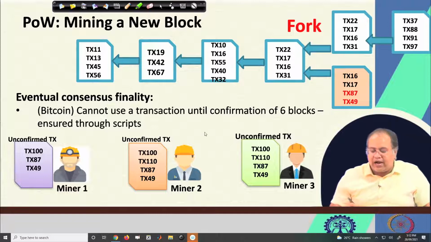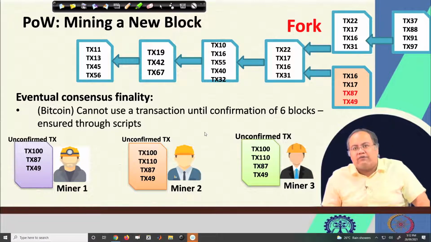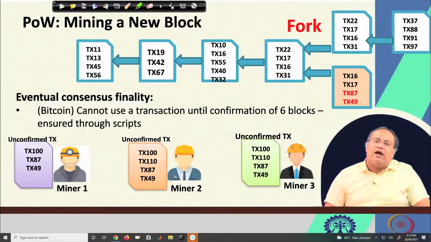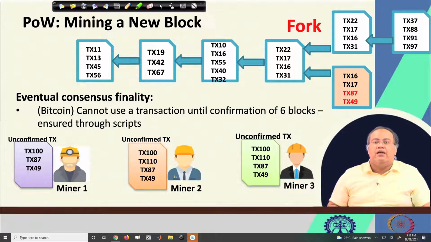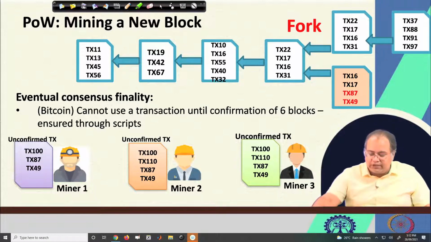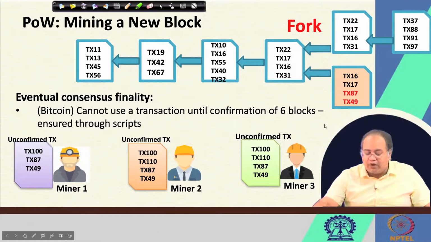Now, as I mentioned earlier, for all such kind of consensus mechanisms, there are certain types of attacks which can be possible. So, here in this context, let us try to see what are the different types of attacks which are possible on proof of work blockchain.